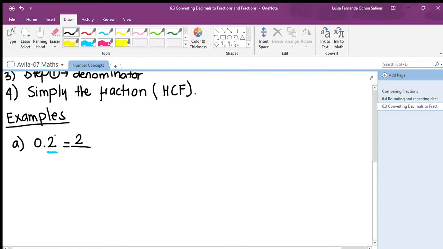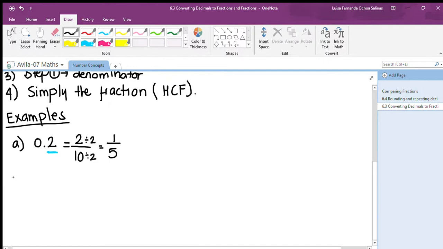In this case, I only have one digit, so it's going to be over 10. And if I simplify this fraction, it's going to be divided by 2 and divided by 2, and that's 1 over 5, or 1/5. So that will be our first example.